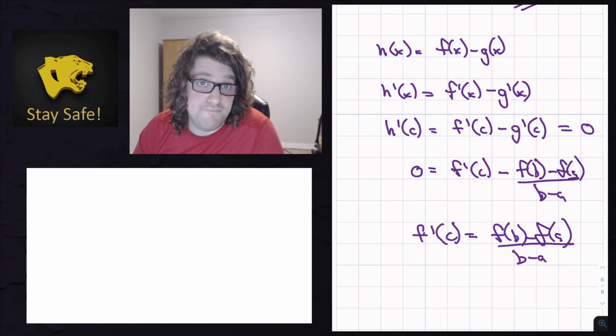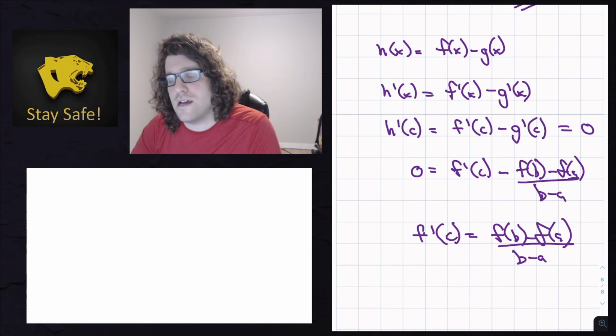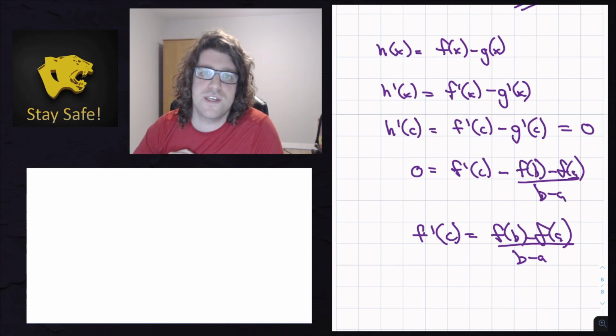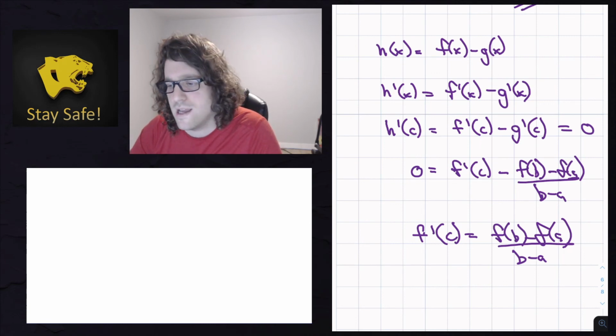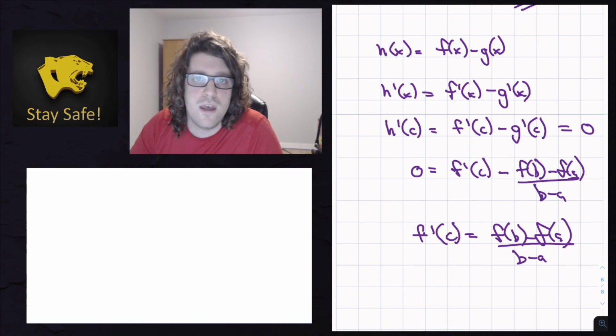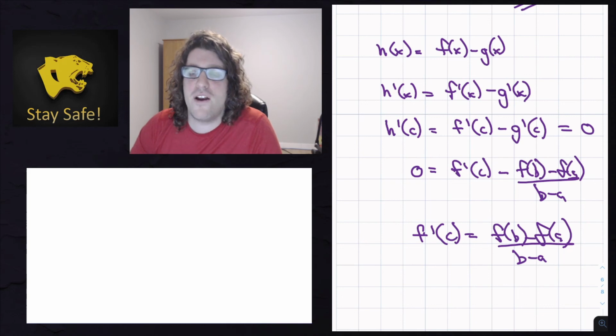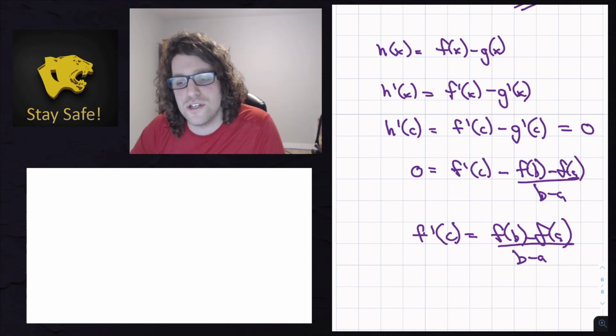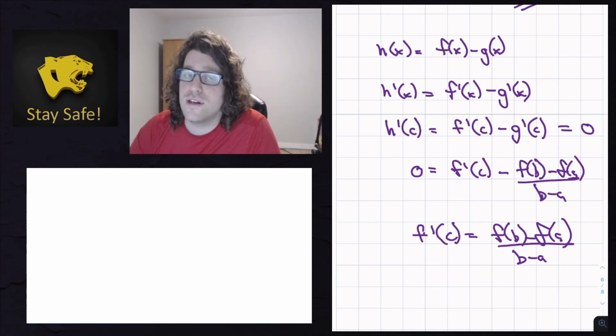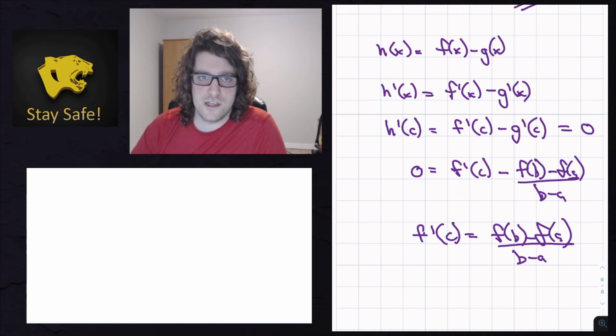So I'm going to leave it at that. There are a few questions towards the end of the assignment that I'm going to put up tonight, and I'm going to put up this video tonight probably too. Rolle's theorem and the mean value theorem are going to appear in a couple questions, and what you'll have to know are the conditions for them and what they tell you once you have those conditions.